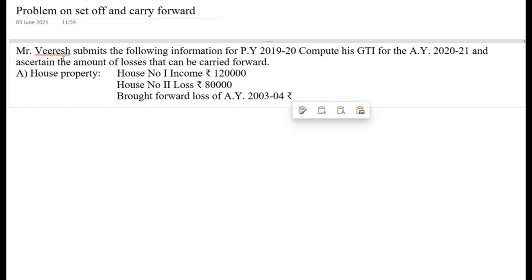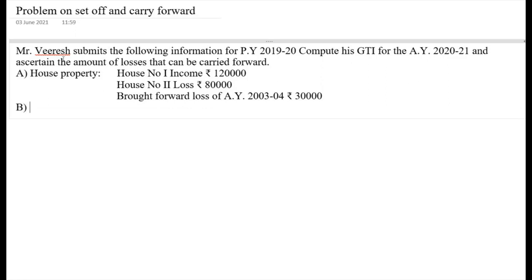House number 2, loss rupees 80,000. Brought forward loss of assessment year 2003-4, rupees 30,000.